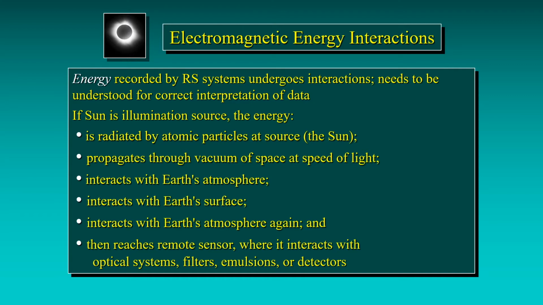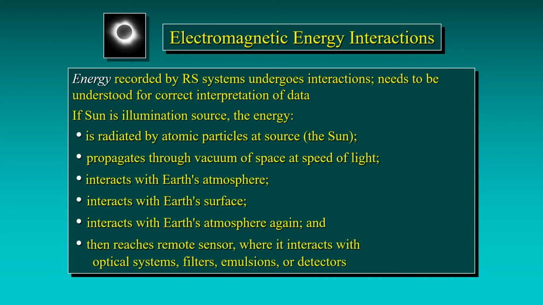So in the scenario where the sun is the source of illumination, and just as an aside, that's not always the case. If we have what is referred to as an active remote sensor, the source of illumination would be the sensor itself. But in a passive remote sensing scenario, the sun is going to be the illumination source, again, which is very common in much of remote sensing.